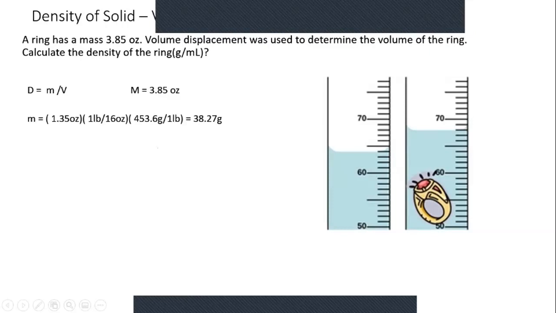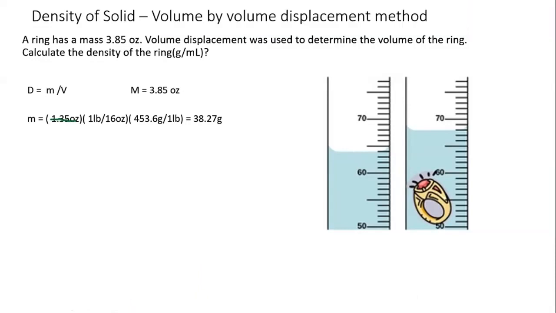So we're going to convert the ounces into grams. And I don't think that's a typo there. Yeah, so this should be, and I'll correct these in the PowerPoint and then repost the PowerPoint as well. So this should be 3.85.